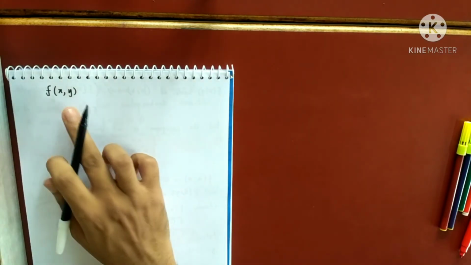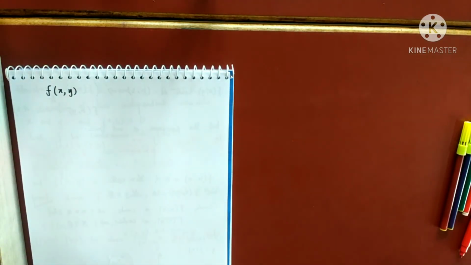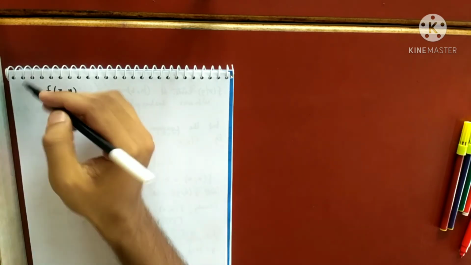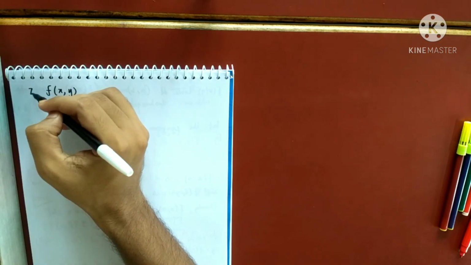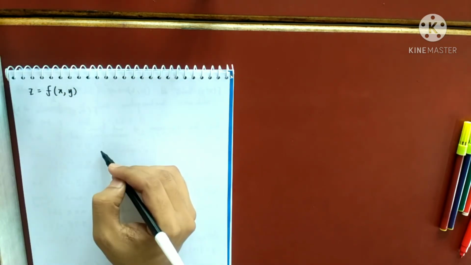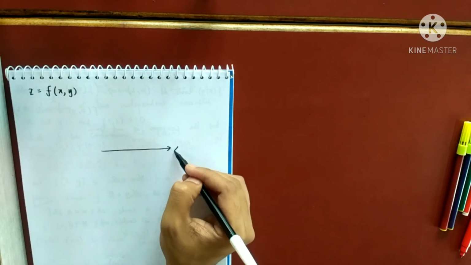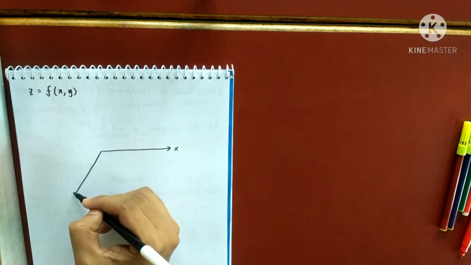Why? Because the domain is the whole xy plane or maybe a subset of the xy plane. So, as Rajkumar said, we'll call that y, and suppose I'm calling this z. So this is my x-axis, this is my y-axis.